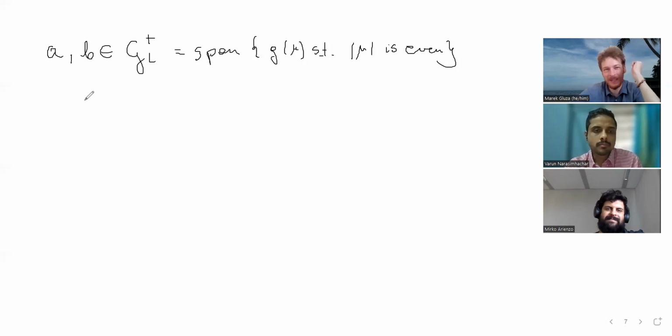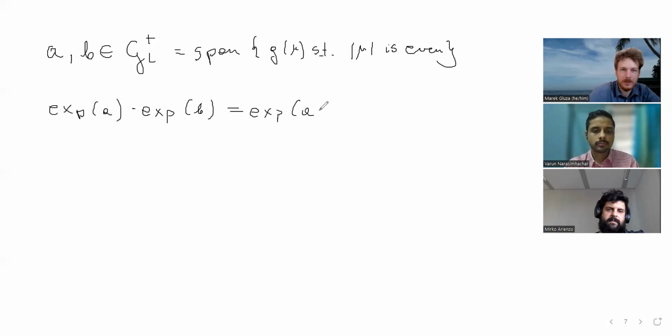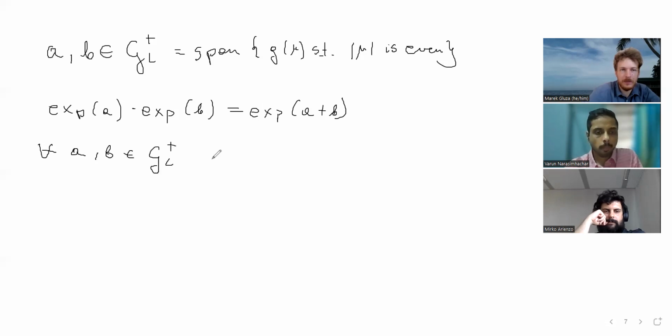The point of those sessions is to explore together in what way those are numbers, in what ways those are integrals. So here I can show you why. It's because exp(a) times exp(b) is exp(a plus b). And the reason why is that for all a, b in the even part of the Grassmann algebra, we have ab equals ba.